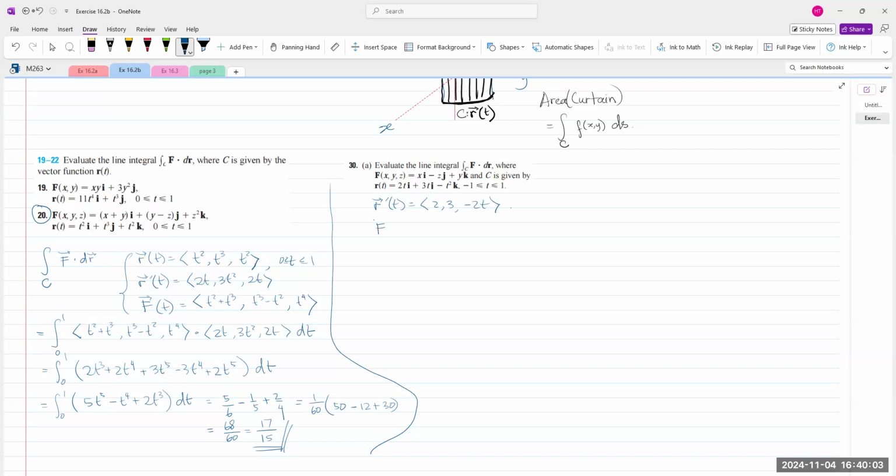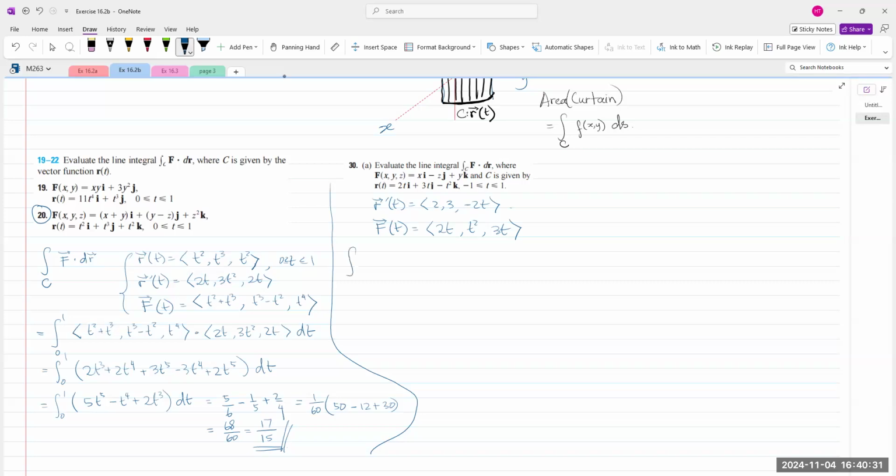And the vector field f as a function of t is now 2t, t squared, y will be 3t. This is our x, this is our y, this is our z, for i, j, k. Now, what happens with the integral?